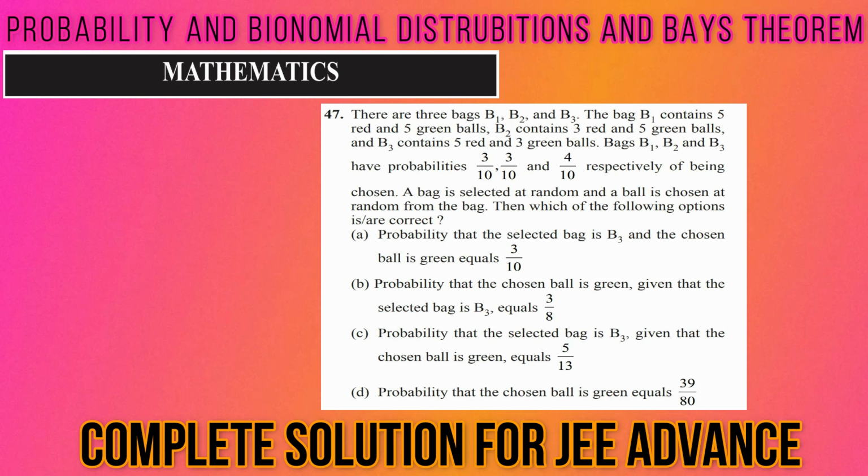The second option says that the probability that the chosen ball is green, given that the selected bag is B3, is 3 by 8. The third option says that the probability that the selected bag is B3, given that the chosen ball is green, is equal to 5 by 13. And the fourth option says that the probability that the chosen ball is green is 39 by 80.